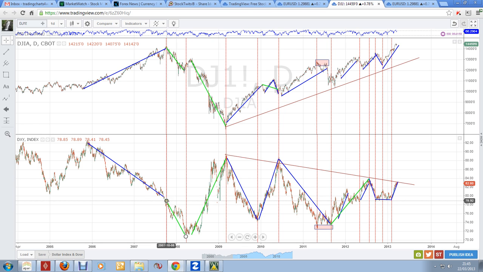The equity market is measured in dollars, so if the dollar is declining, anything measured in dollars would tend to go up in nominal terms. So during this part we had that.